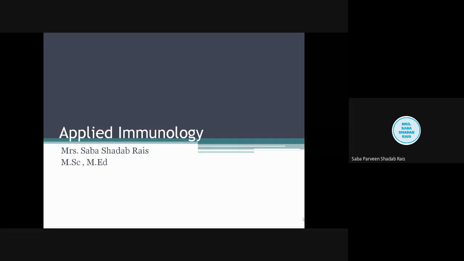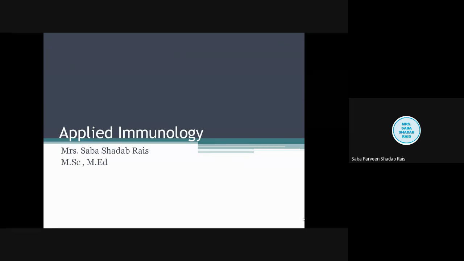We have learned the basic mechanisms of immunology and seen how these immunological responses start occurring. So how can we apply this knowledge of basic immunology? Basically, this application is based in the medical sciences, to understand or to study disease.